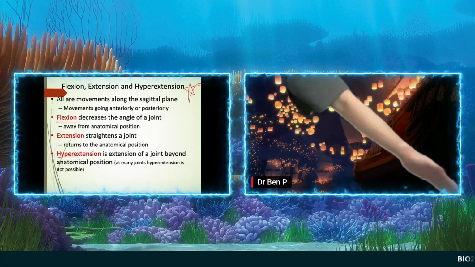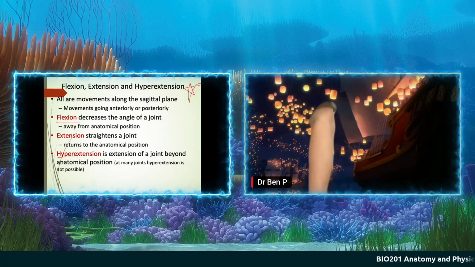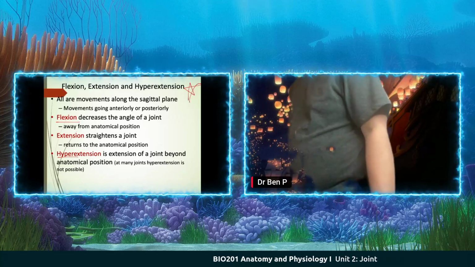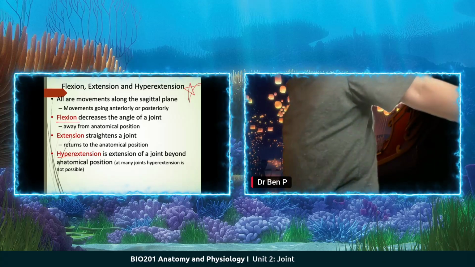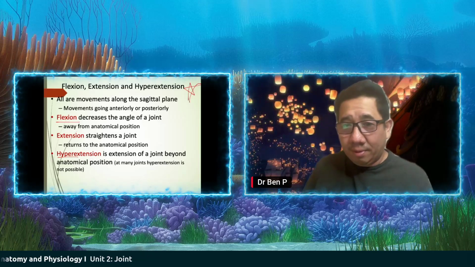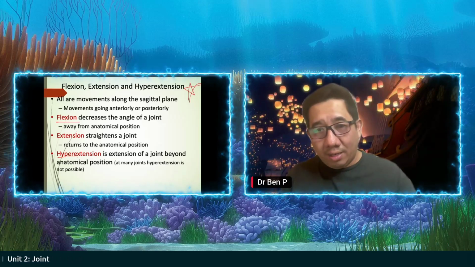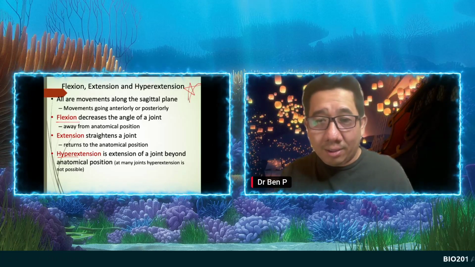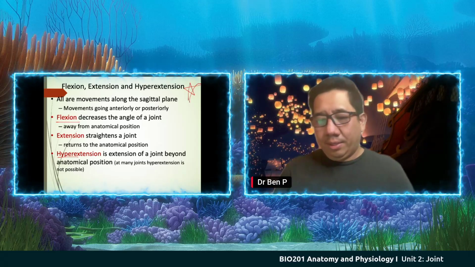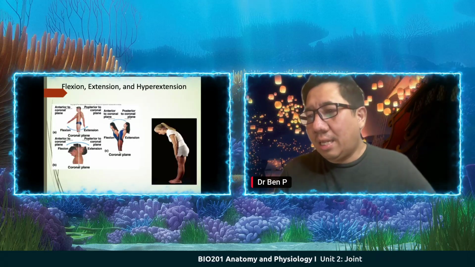But if you're putting your arm behind your back like this, that's called hyperextension. So flexion is moving to the front, extension is moving back to the midline, and hyperextension is moving to the back.